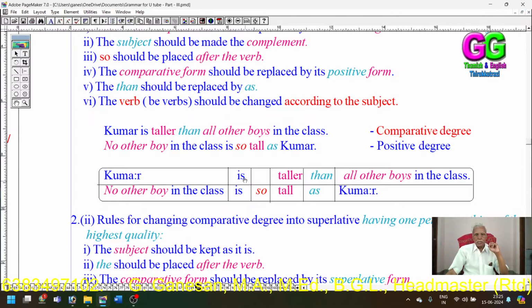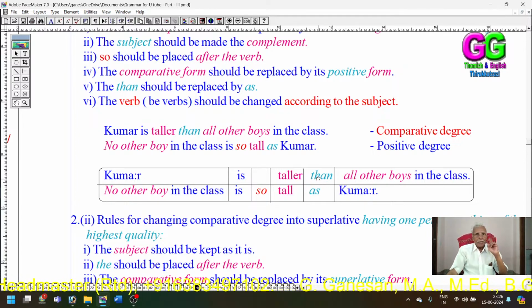Second, the verb. Kumar and boy are both singular, so the verb is kept as it is. Thirdly, the positive scale so is placed after the verb. Fourthly, the comparative form taller is changed into the positive form tall.